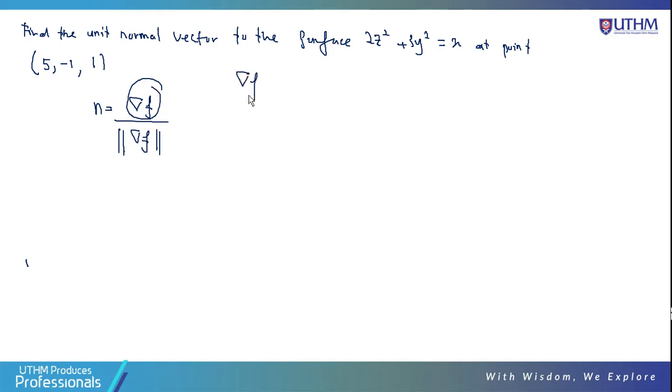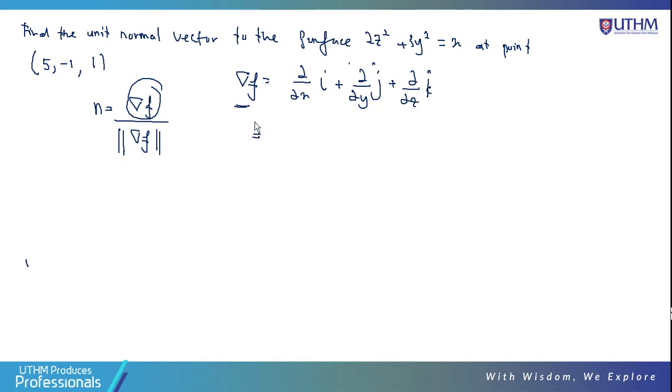So ∇f equals partial of the function with respect to x i plus partial with respect to y j plus partial with respect to z k. Okay, you need to find the gradient first.